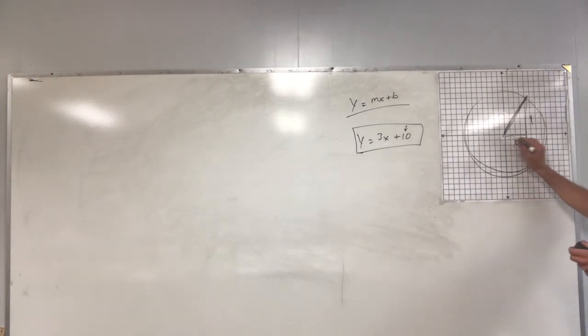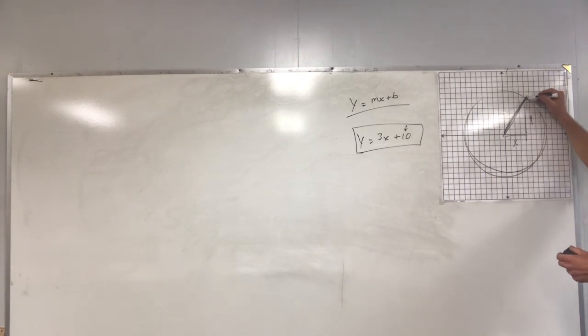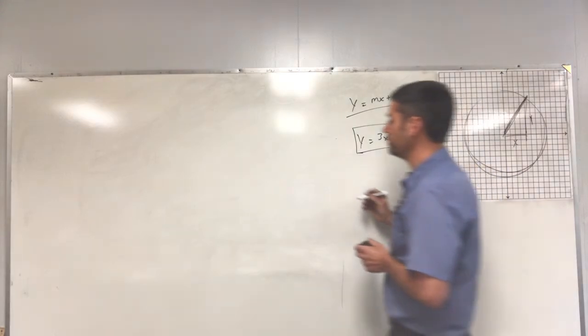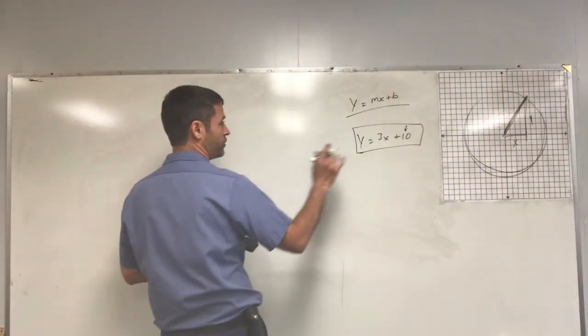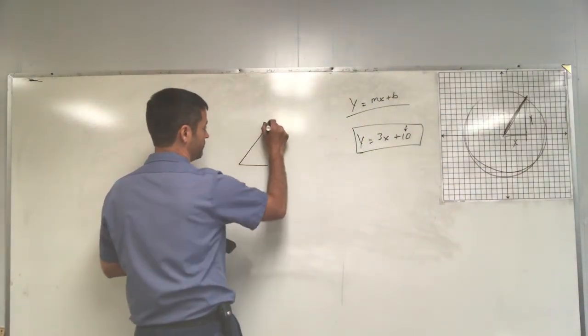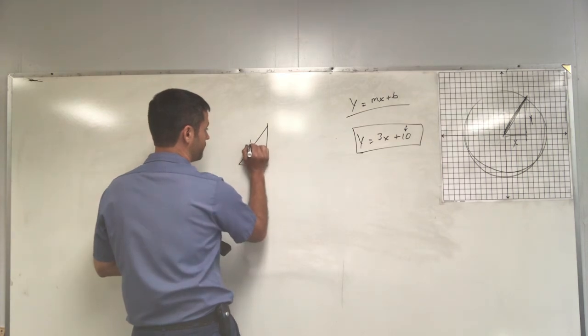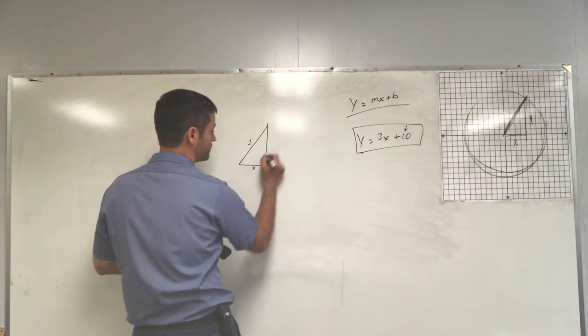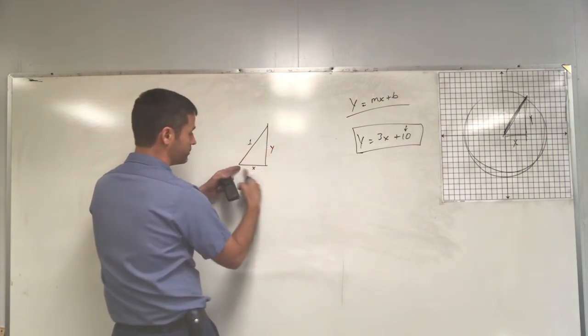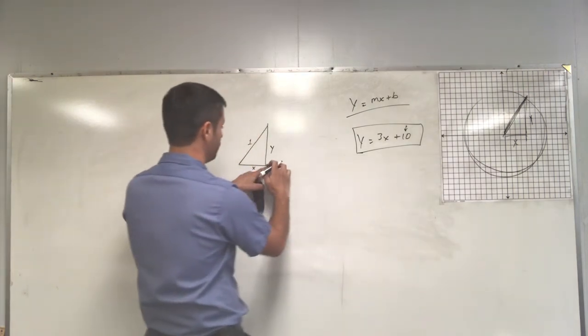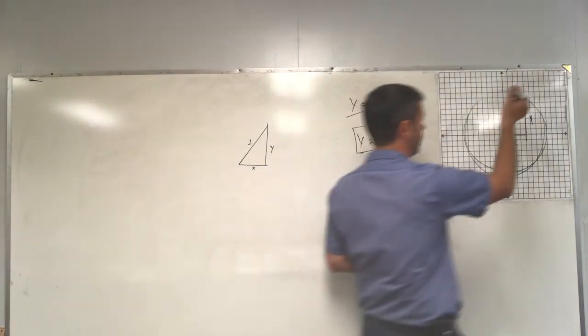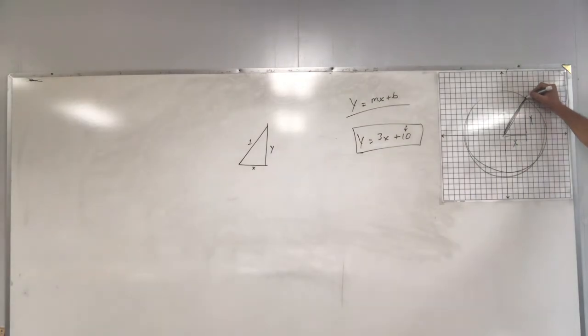And if you look at the x and you look at the y, this becomes a right triangle with a hypotenuse of 1. So if I just take the triangle out of that circle and put it right here, this length is 1, and this is x, and this is y. This is the horizontal distance over and the vertical distance up to get to my point, whatever point I picked.